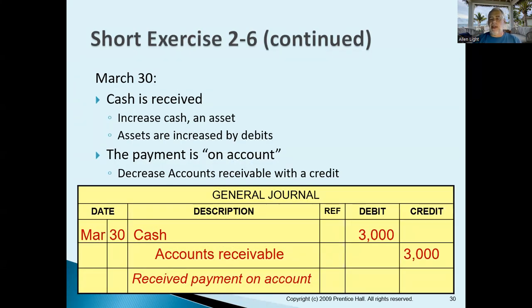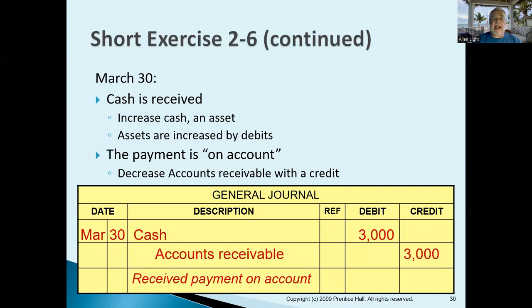Now on March 30th, Lakeview received cash on account from the customer. This means that the company received payment on accounts receivable. One asset, cash, is increased because they gave me $3,000 towards the $4,000 that they owed me. Okay. So I have to go in and I have to decrease the accounts receivable by that same amount. They don't owe it to me anymore.